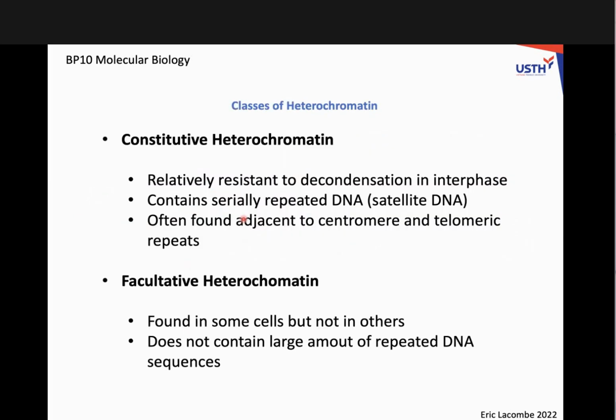But look at what I wrote here. The constitutive is relatively resistant to decondensation in the interphase. When I write this sentence, it's not totally 100% condensed during interphase.